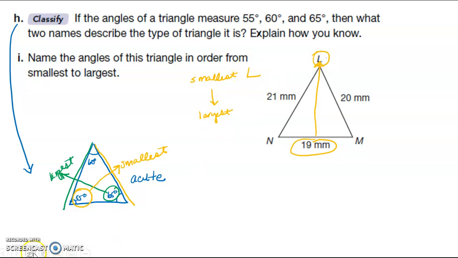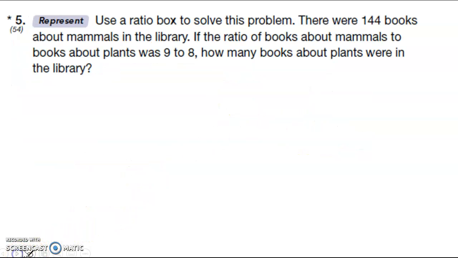Okay, let me grab another color. This is the largest side. So if I go across to the angle, M is going to be the largest, which means that N is going to be in the middle. Kind of takes some getting used to.